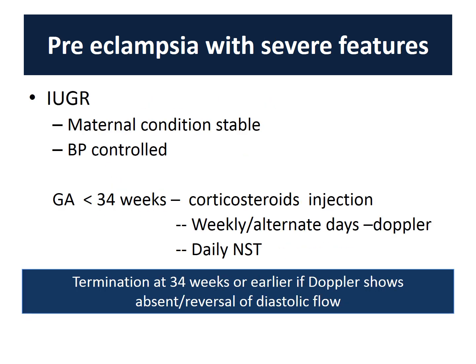When there is IUGR and the gestational age is less than 34 weeks, provided the maternal condition is stable and BP controlled, we can continue the pregnancy with corticosteroid injection to accelerate lung maturity, weekly or alternate day Doppler, and daily NST, and continue the pregnancy up to 34 weeks and terminate at 34 weeks.